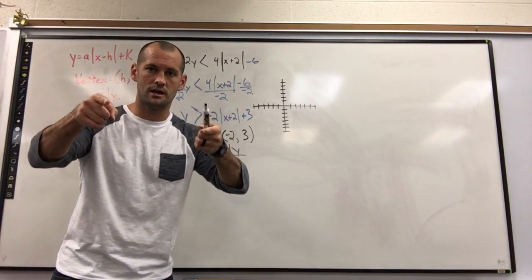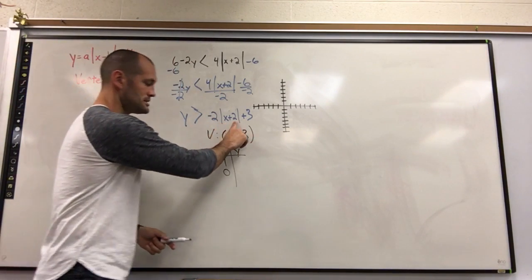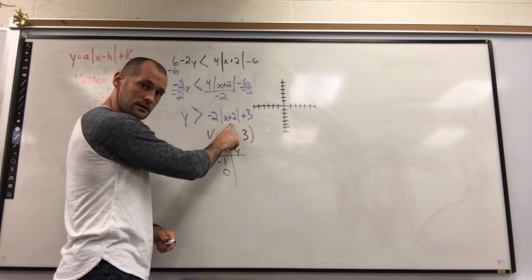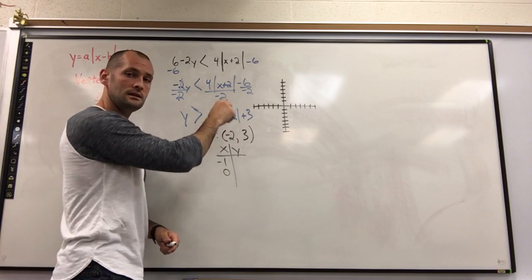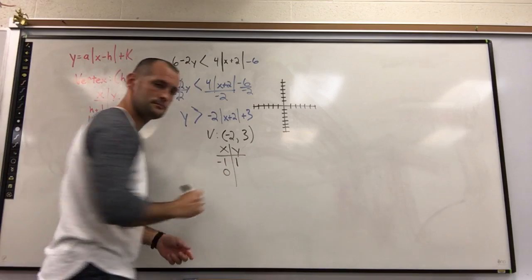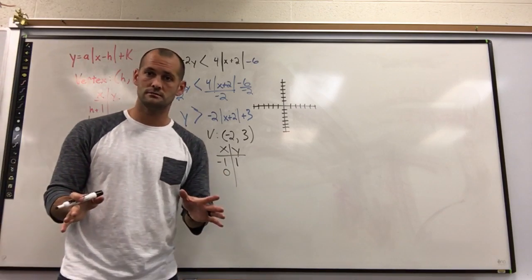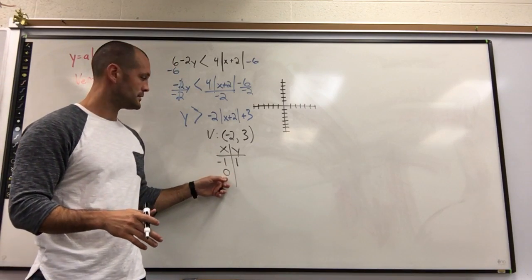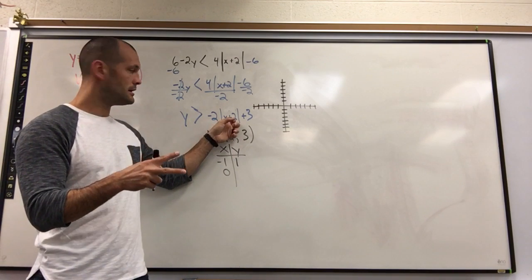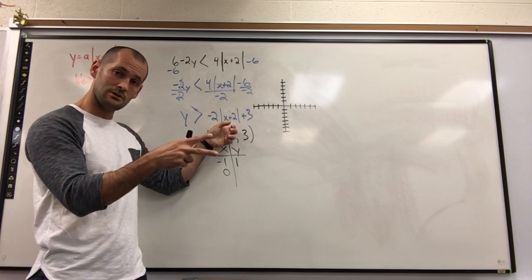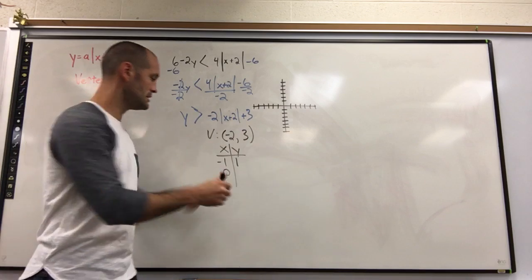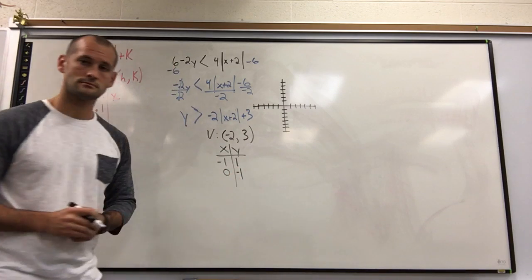Negative 1 plus 2 is 1. Absolute value of 1 is 1, times negative 2 is negative 2, plus 3 is 1. Same thing again. 0 plus 2 is 2. Absolute value of 2 is 2, times negative 2 is negative 4, plus 3 is negative 1.